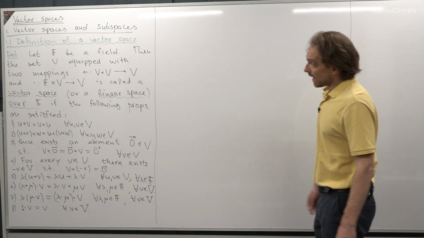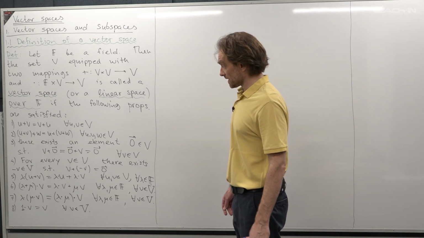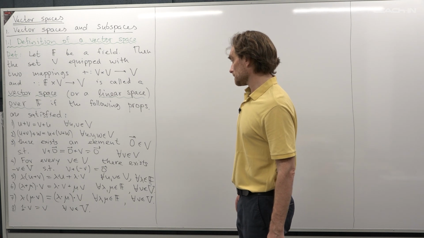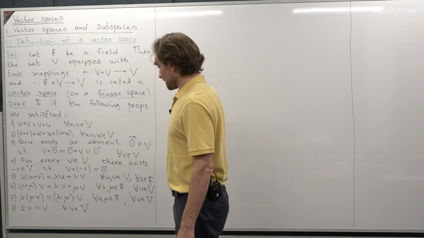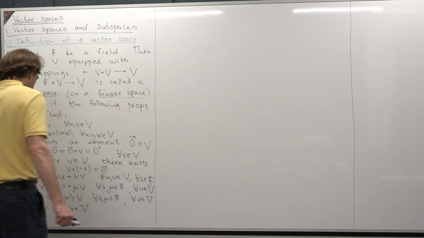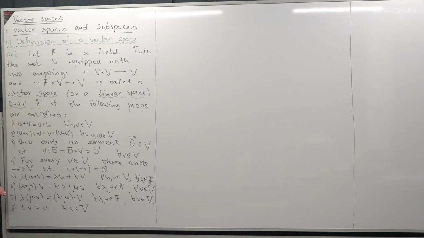Okay, then I need to make a few remarks here. First of all, let us look at property number 6. If one wants to be more rigorous, we can notice that here we have 2 different operations denoted by the same notation.